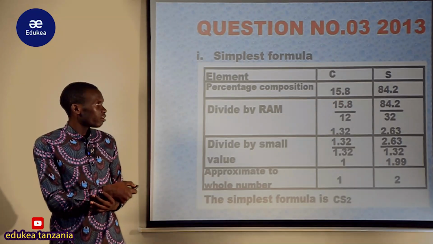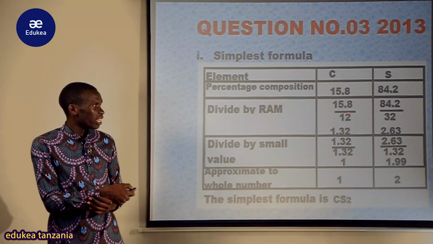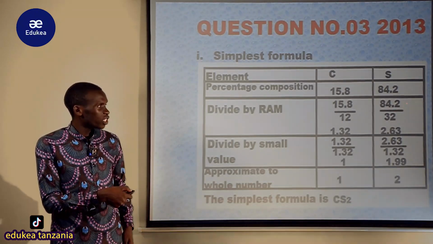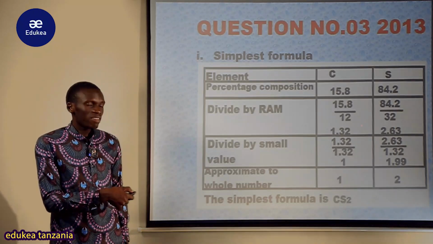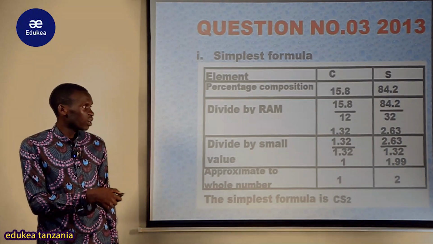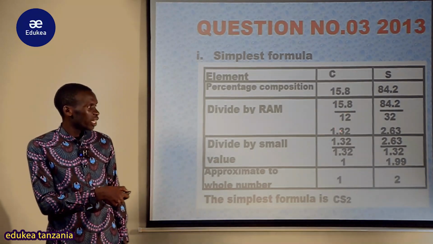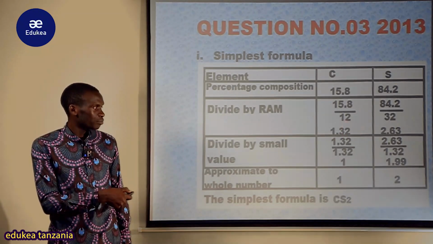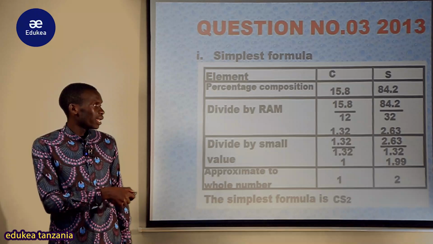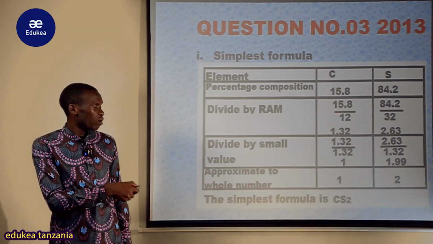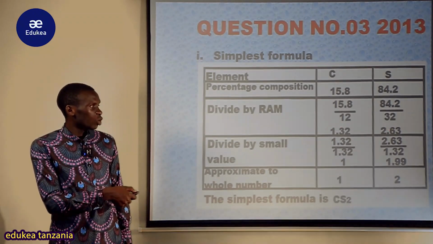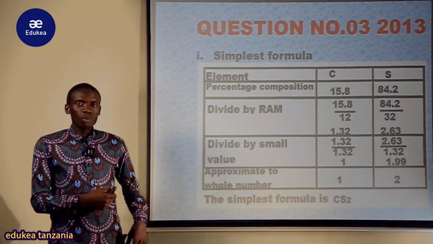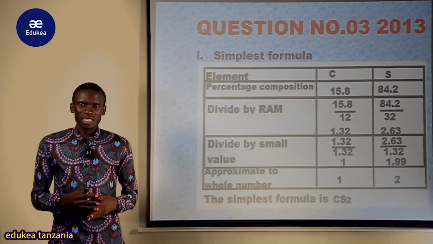For carbon, take 15.80 divided by 12, and for sulfur take 84.2 divided by 32, which is the relative atomic mass of sulfur. For carbon we obtain 1.32, and for sulfur we obtain 2.63. This is step 3, dividing by relative atomic mass.